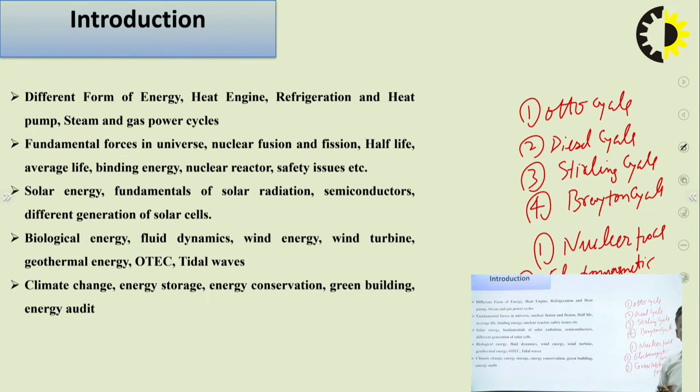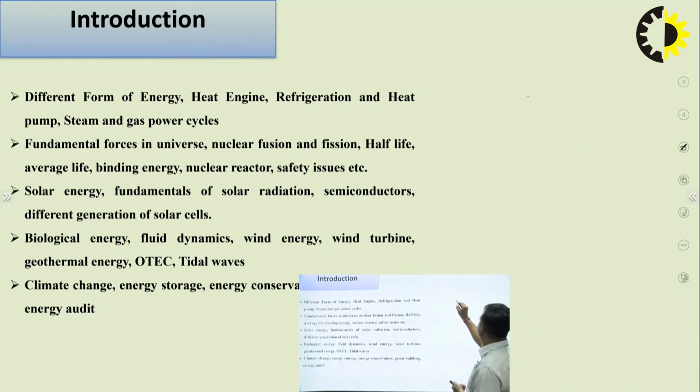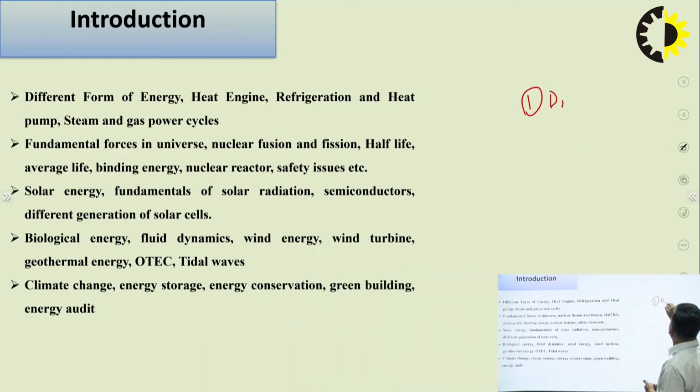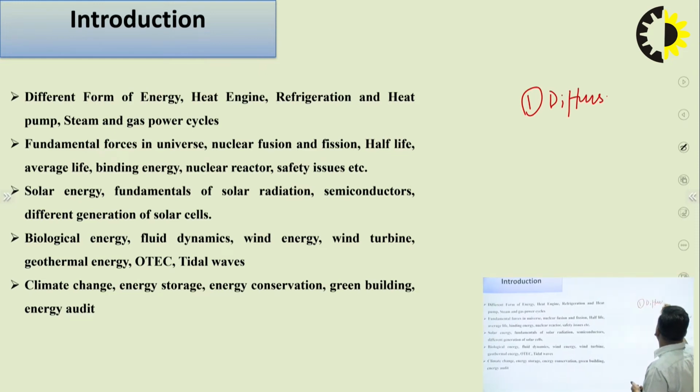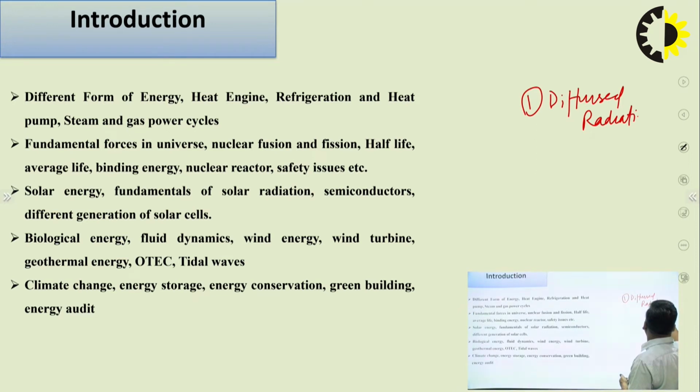As I have told earlier, solar energy is a renewable type of energy. So the energy or the radiations which come from the sun, there are different types of radiations also. Number 1, diffused radiation, then direct radiation.